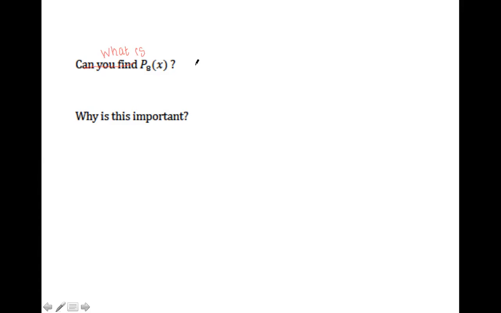If I'm using this to approximate cosine again, cosine of x would be approximately equal to, this time with an 8th degree approximation, 1 minus x squared over 2 factorial plus x to the 4th over 4 factorial minus x to the 6th over 6 factorial. And if we're doing an 8th degree approximation, it's going to be plus x to the 8th over 8 factorial.